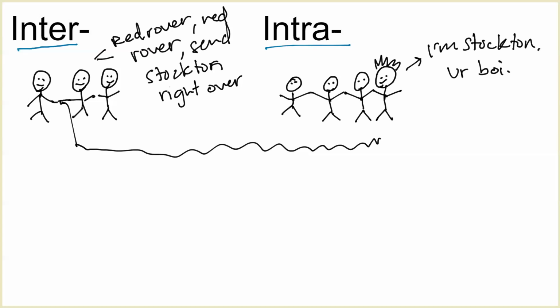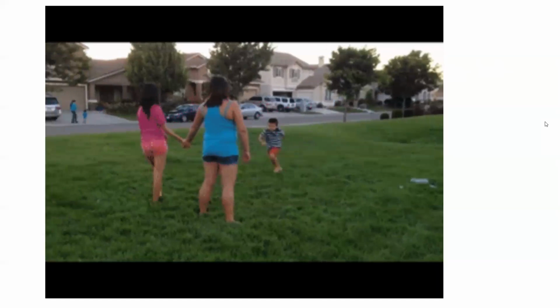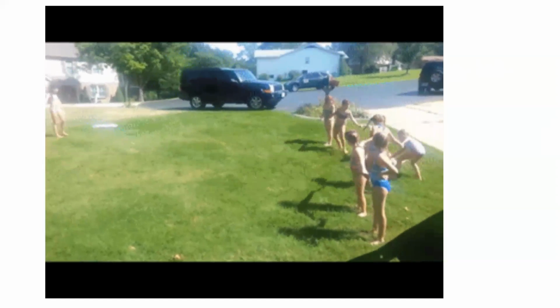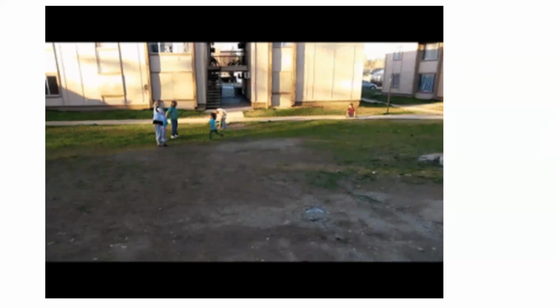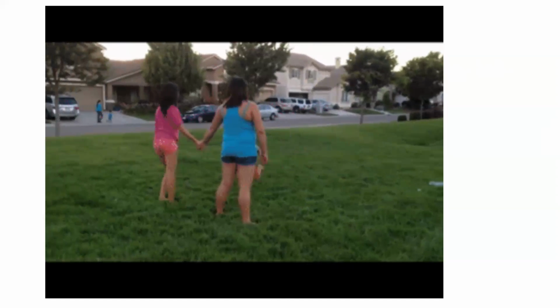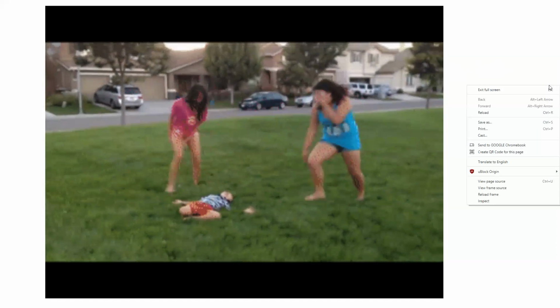Okay. All right, I'm gonna show you guys a GIF really quick. This one is super important. Here's the GIF I'm gonna show you. This is like the reason Red Rover gets banned. See? Yeah, this guy made a really bad choice.